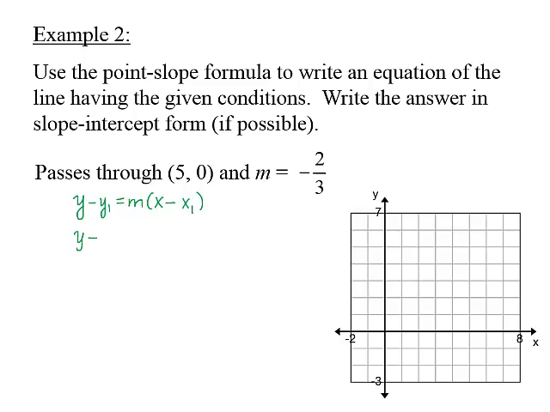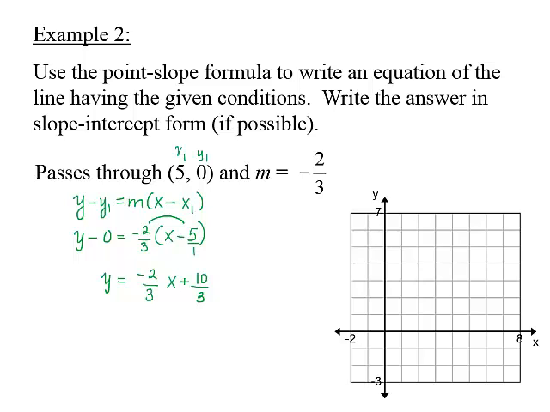Substituting gives us y minus 0 equals negative 2/3 times x minus 5. y minus 0 is y. Distribute on the right to get negative 2/3 x plus 10/3. Remember to multiply fractions, we multiply numerators, multiply denominators.